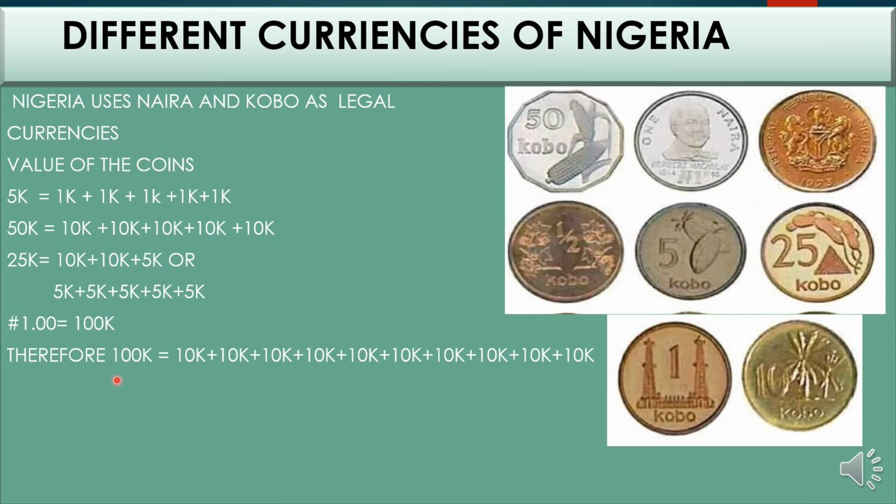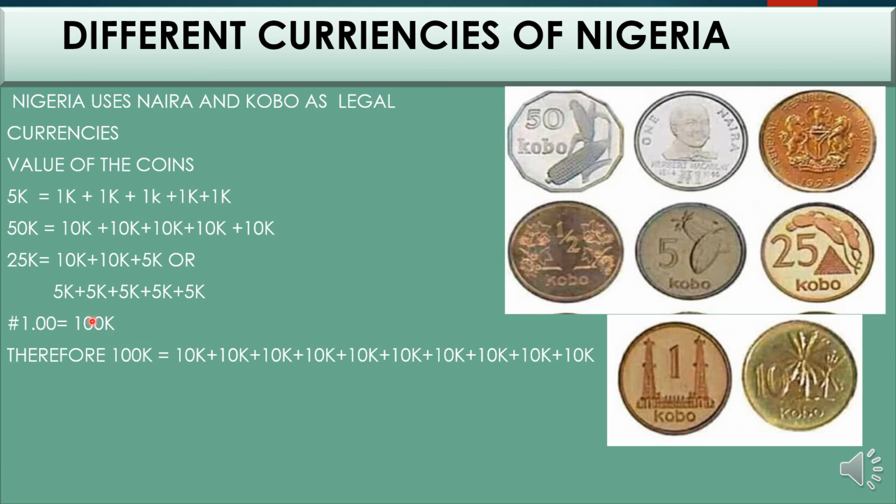Now let's calculate it. 10 plus 10 here is what? 20. 20 plus 10, 30. 30 plus 10, 40. 40 plus 10, 50. 50 plus 10, 60. 60 plus 10, 70. 70 plus 10, 80. 80 plus 10, 90. 90 plus 10, we can have what? 100, which is 100 kobo.